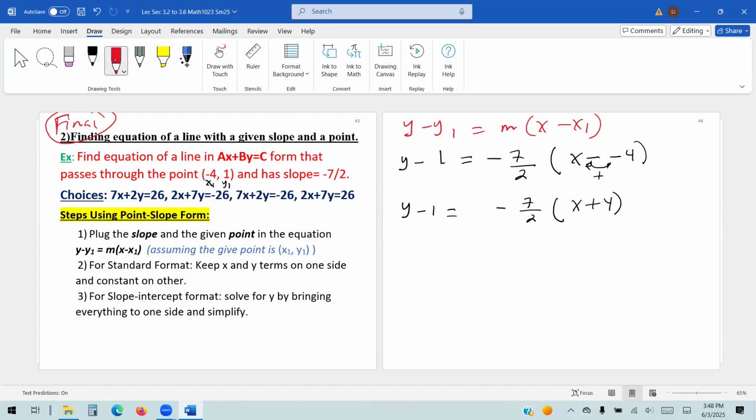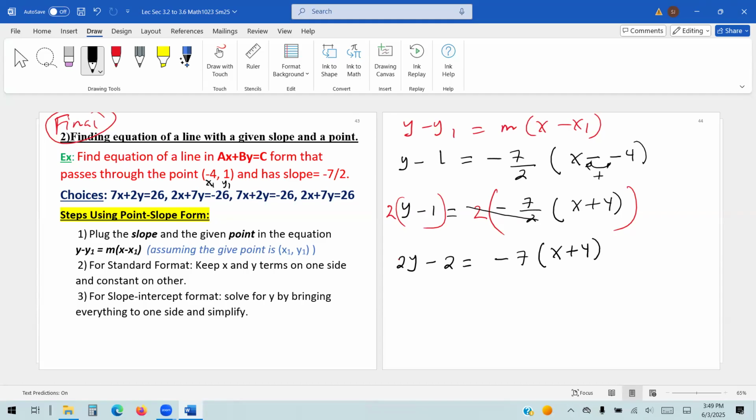We don't like the 2, so multiply by 2. So we get 2y minus 2. The denominator cancels out. And then negative 7 times x plus 4.